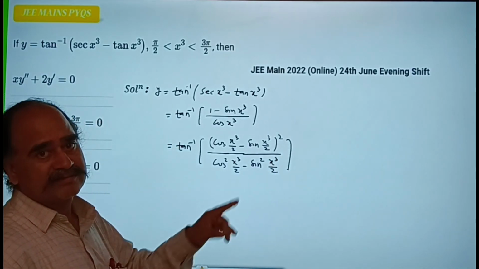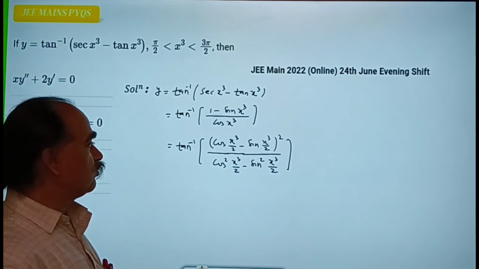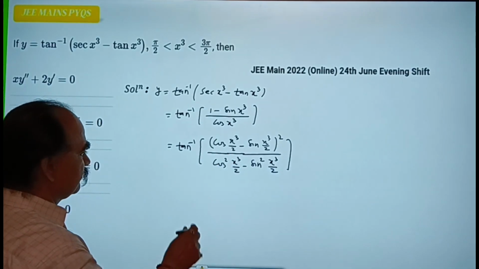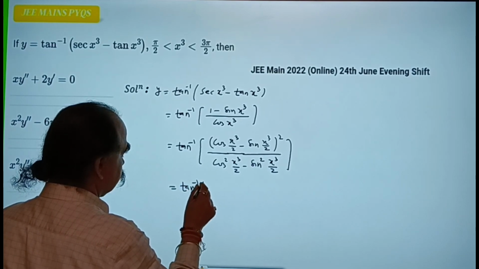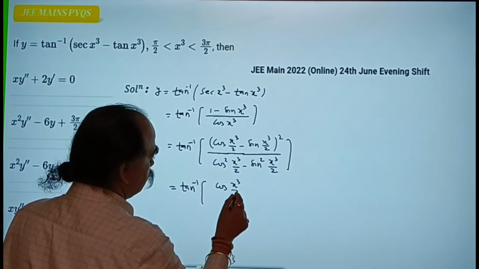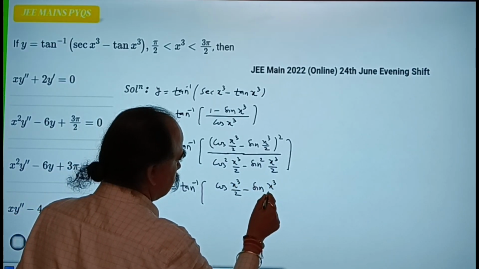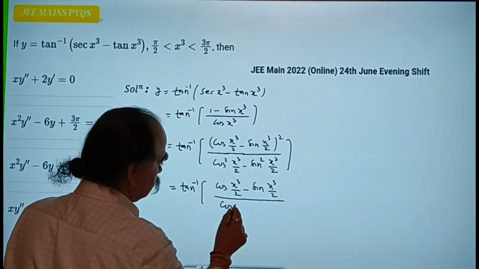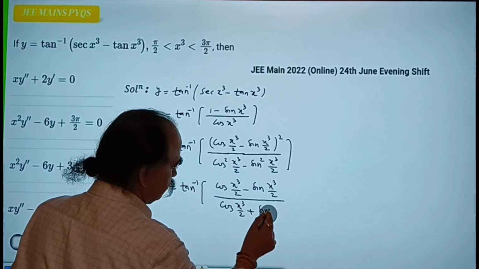Now factors of this will give you what? Cos x cube by 2 minus sin x cube by 2 into cos x cube by 2 plus sin x cube by 2. So minus wala will get cancelled. So we'll get tan inverse of (cos x cube by 2 minus sin x cube by 2) divided by (cos x cube by 2 plus sin x cube by 2).